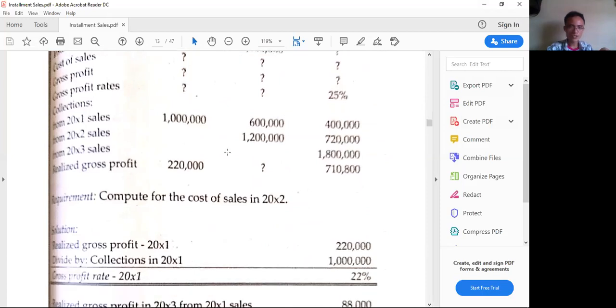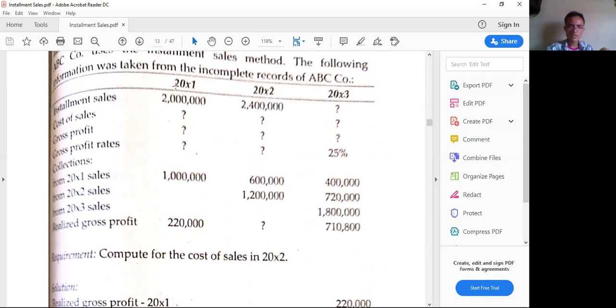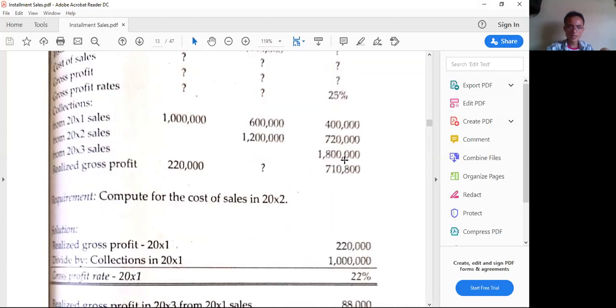Anyway, the question is compute for cost of sales. All right. There is installment sales for 20x1 as well as in 20x2. For 20x3, it's not given. And then you have the gross profit rates, collections. Realized gross profit is also given.